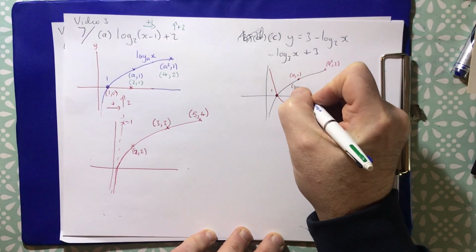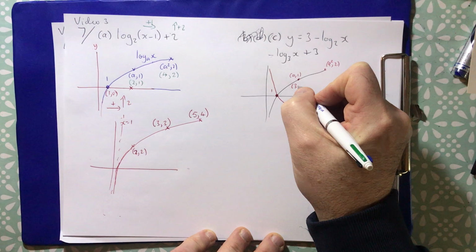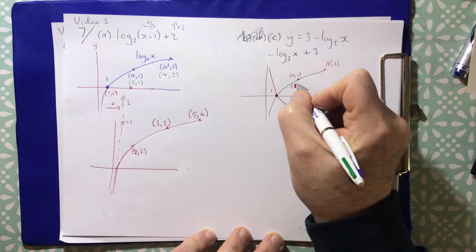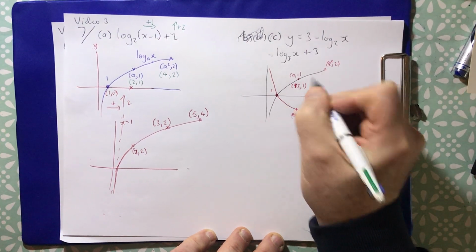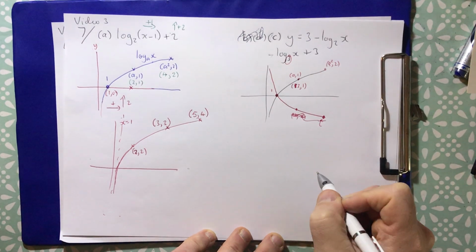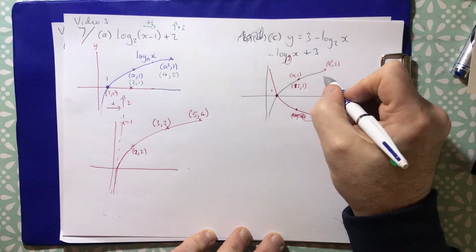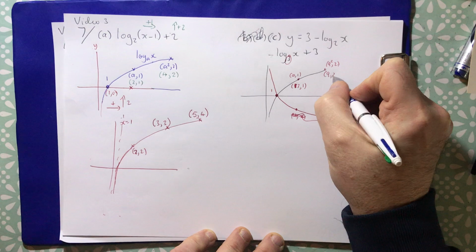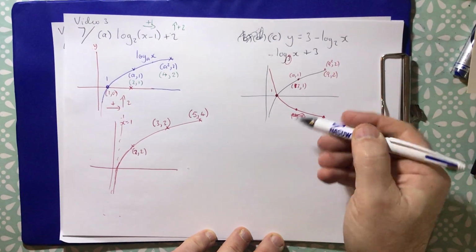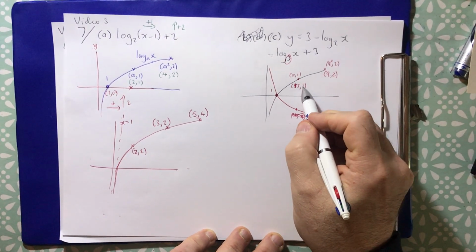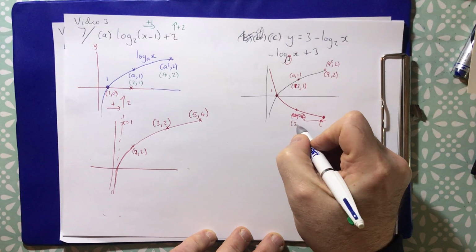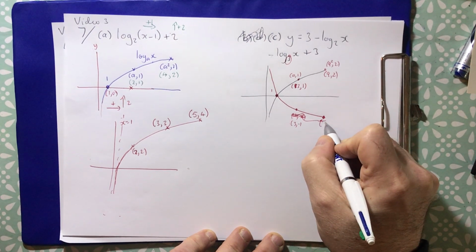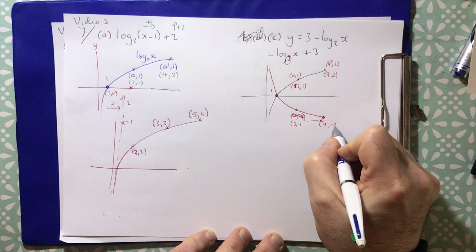Let's put in the numbers. What's the base? It is 3. So 3, 1, because the base is 3. Yes? That one would be 9, 2, wouldn't it? So if we're reflecting in the x-axis, remember the y-coordinate becomes negative, so that would be 3, minus 1. That would be 9, minus 2.